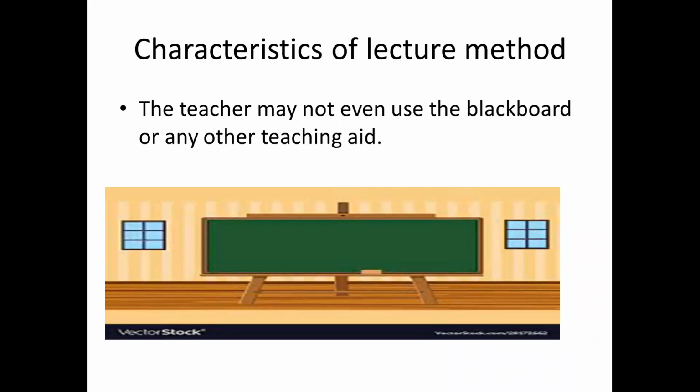In the same way, when we are teaching mathematics and discussing the sphere, its properties, volume and surface area, we will show the sphere and how it looks, and wherever such shapes are found, they are calculated with the same formula of the sphere. So these are the characteristics of the lecture method: the teacher may or may not use TLM in the classroom.